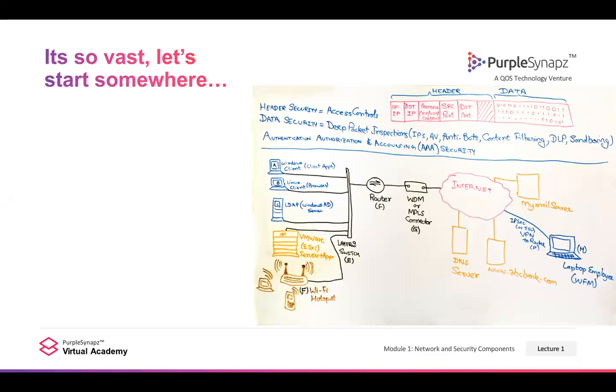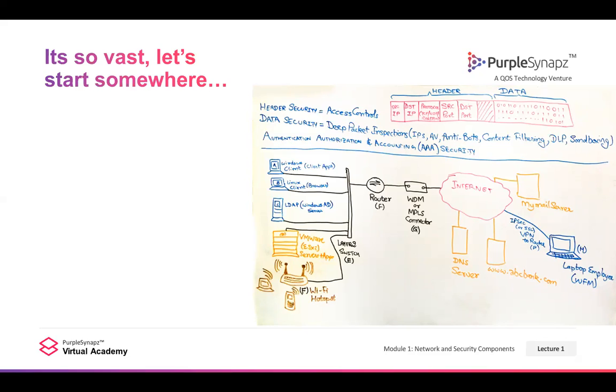Then you will see in the bottom there is a Wi-Fi hotspot shown, a Wi-Fi device shown in the bottom left. It is being shown to have Wi-Fi connectivity being offered to laptops, to the mobile machines which come in the organization.